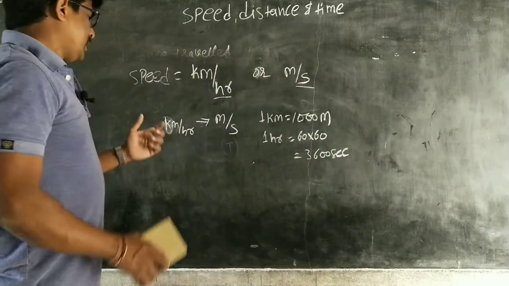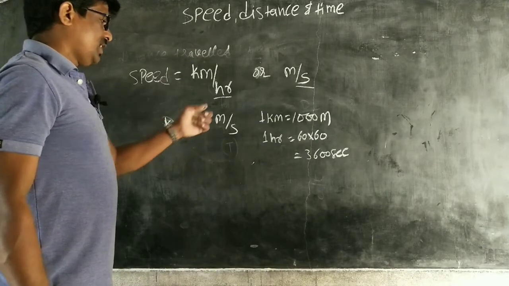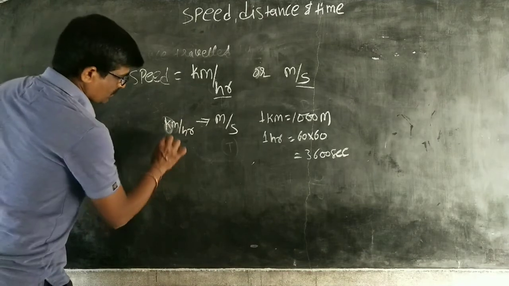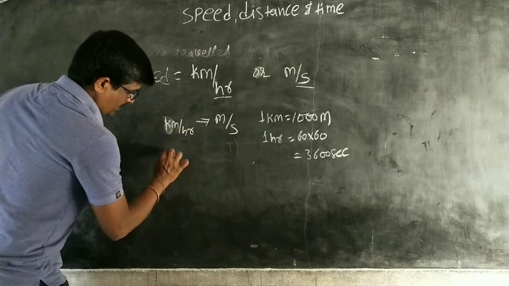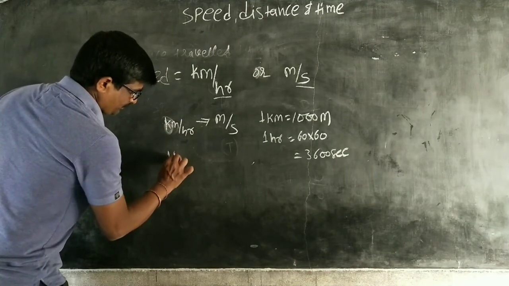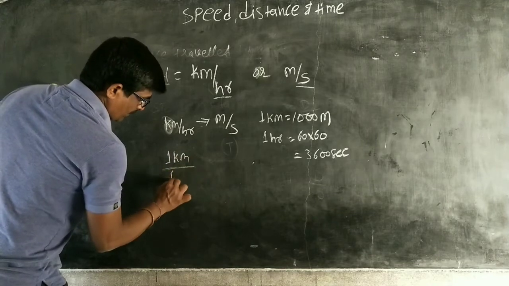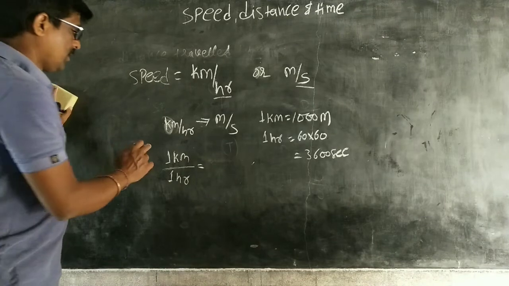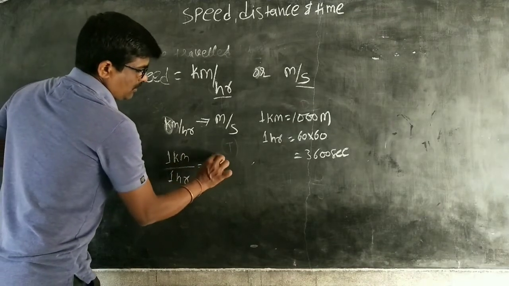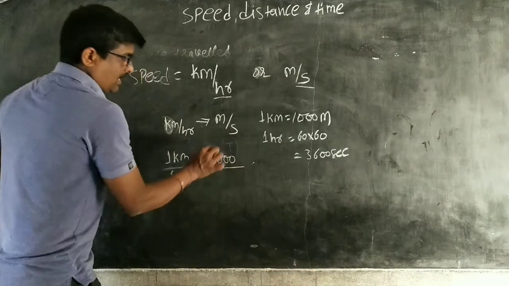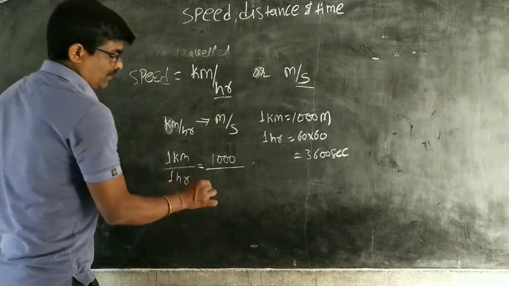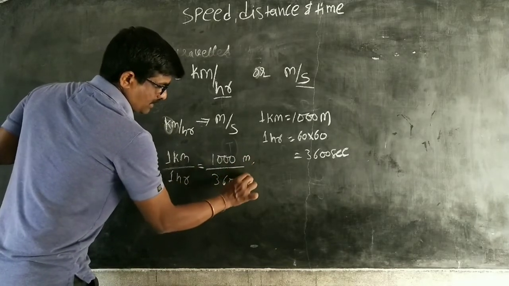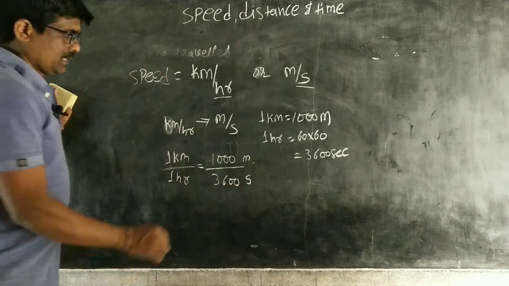So whenever we change kilometers per hour to meters per second, what do we multiply with? 1 kilometer by 1 hour, changing to meters per second: 1 kilometer is equal to 1000 meters, and 1 hour is equal to 3600 seconds. This is meters, this is seconds.